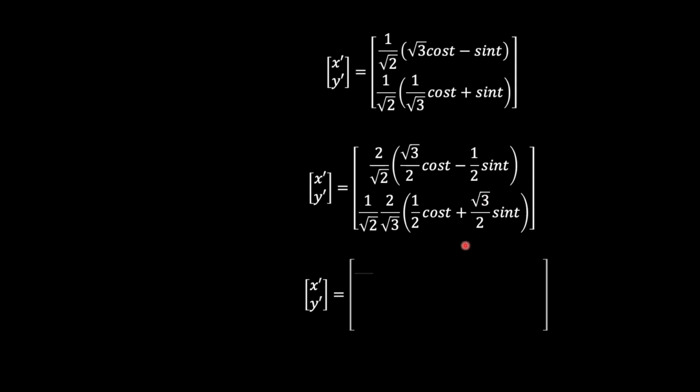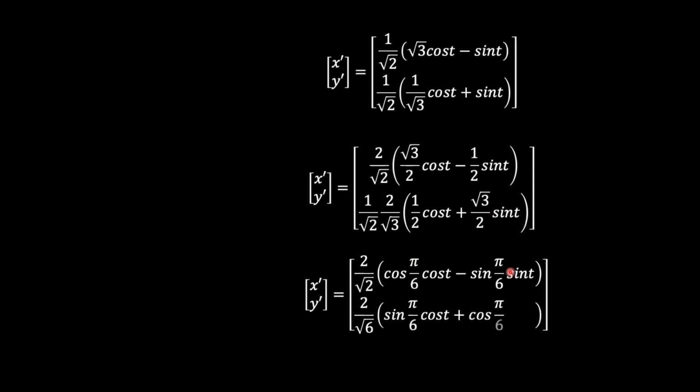And this means that for x prime and y prime, we have 2 over root 2. In place of root 3 over 2, we have cosine of pi over 6. In place of a half, we have sine of pi over 6. And here in place of a half, we have sine of pi over 6, and then here we have cosine pi over 6 for root 3 over 2. And the constants here are 2 over root 3 and then 2 over root 6, respectively.